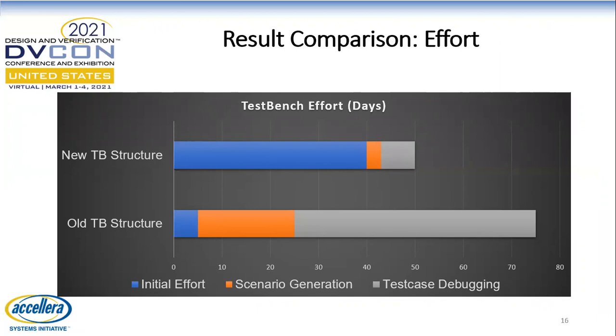The new testbench needed very little effort with respect to generation of scenarios, but the old one required more. The one in gray is the test case debugging effort. The old testbench structure required more debugging. It's a very huge effort compared to the new testbench structure.